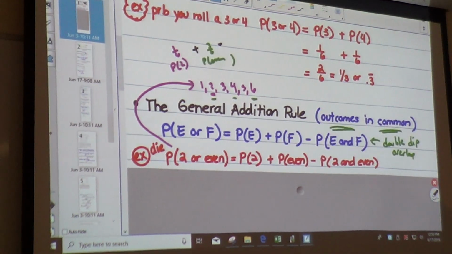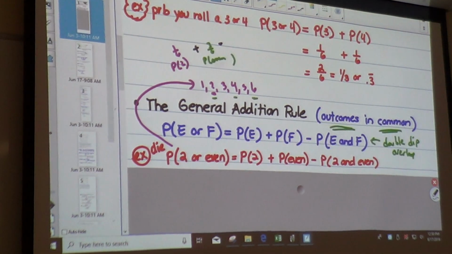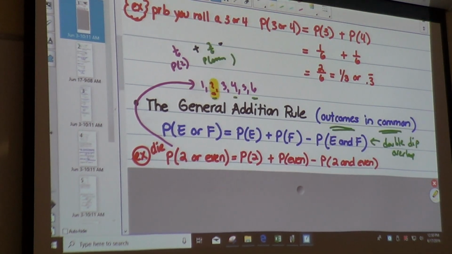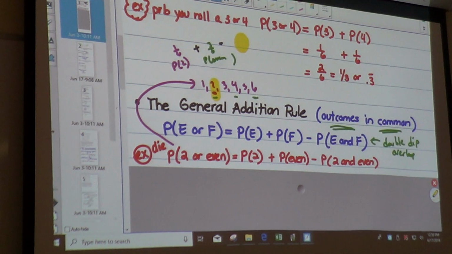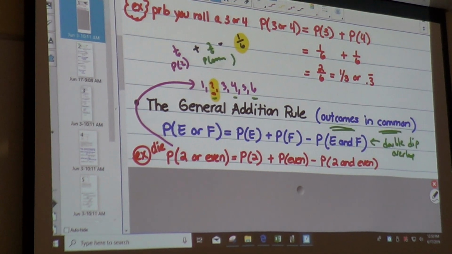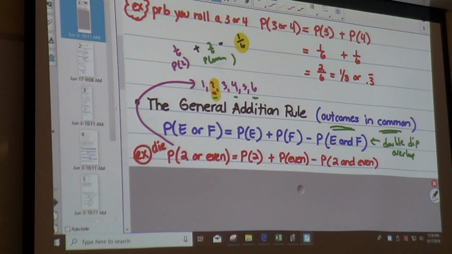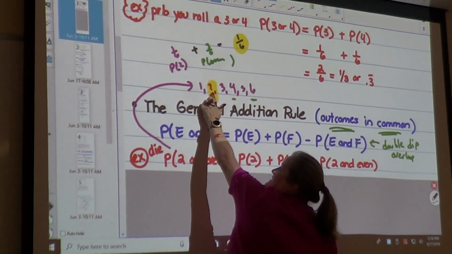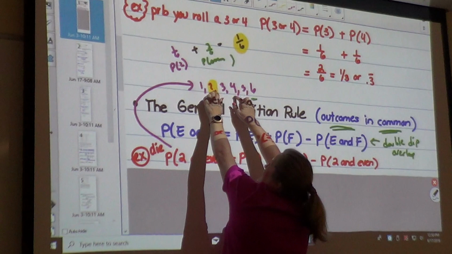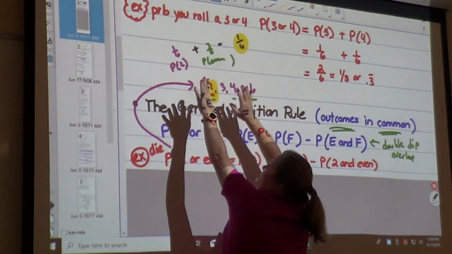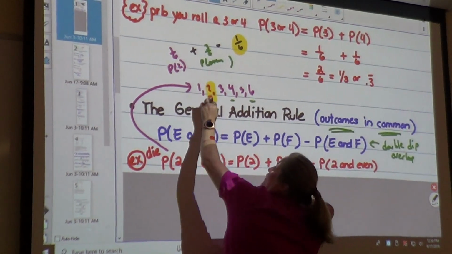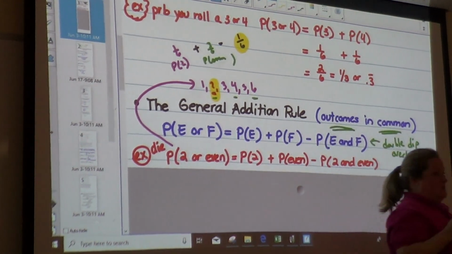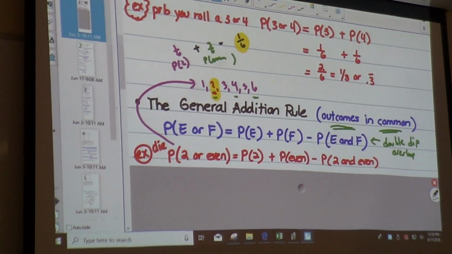So I have 1 two that makes me happy, 1 sixth, and I have 3 evens that make me happy. So I put those together and then I take out one of those that I double dipped on. So you use the double dip numbers in that.